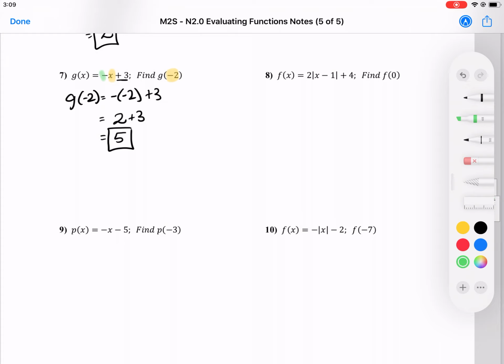So this next one, we're going to put 0 in for our x. So f of 0 is equal to 2 times the absolute value of 0 minus 1, plus 4. Remember you do the inside first. So 0 minus 1 is negative 1.